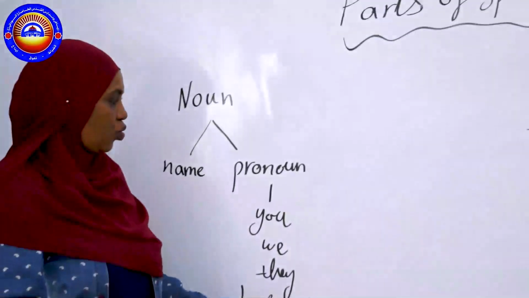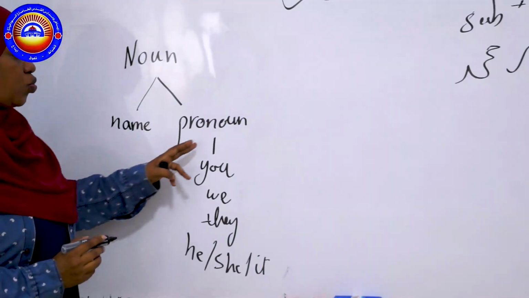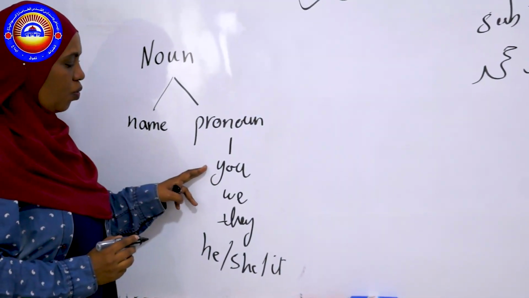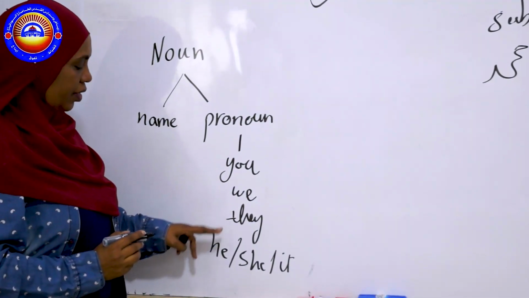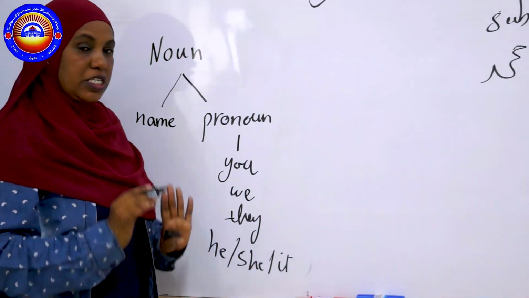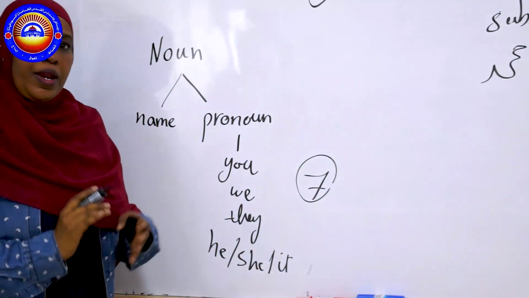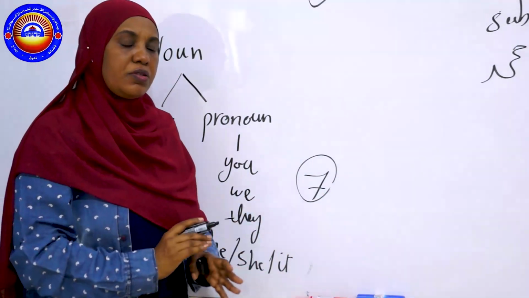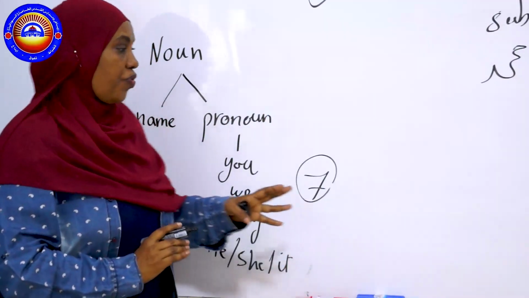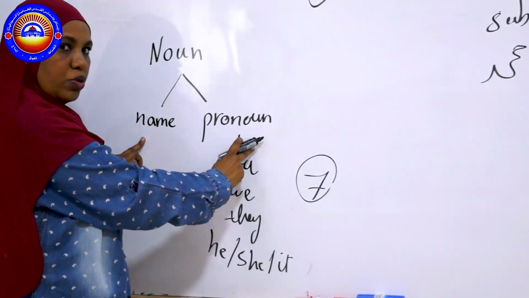We have them as a group like this: I, you, we, they, he, she, it. 7 pronouns.